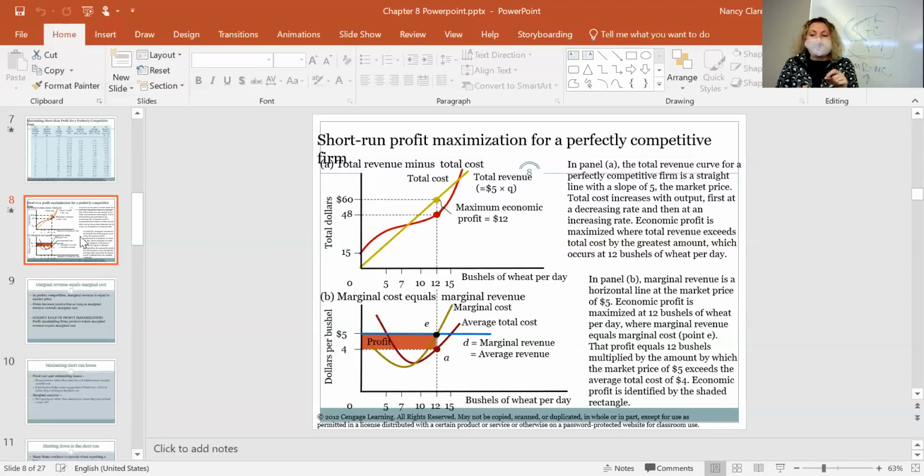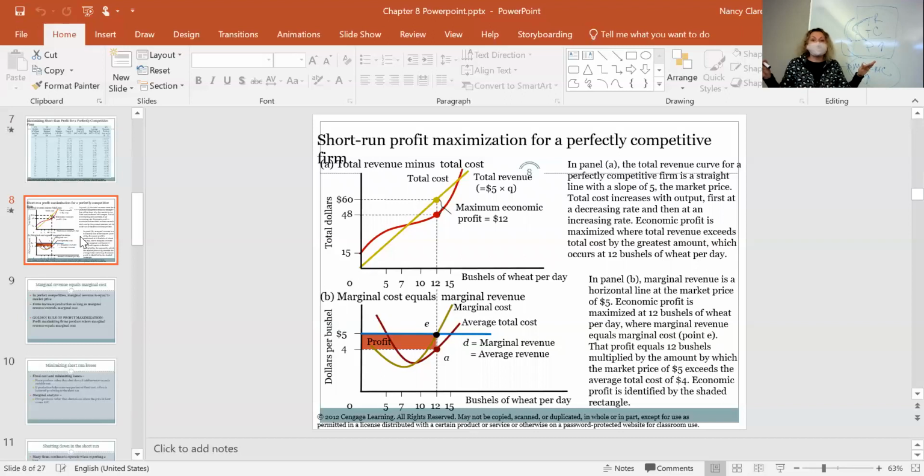If we find where marginal revenue equals marginal cost on this graph, we will find our profit maximizing quantity of production. That's all you find with this. All you're going to find by finding this intersection on this graph is your profit maximizing quantity of production.